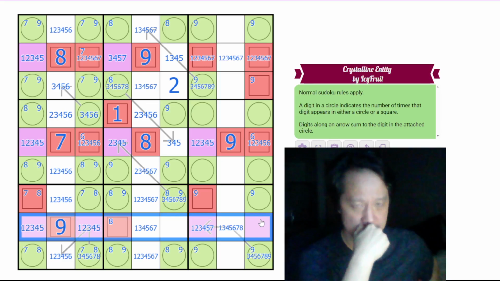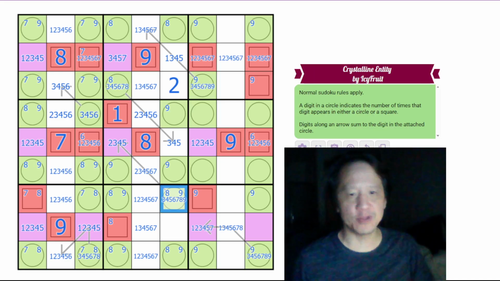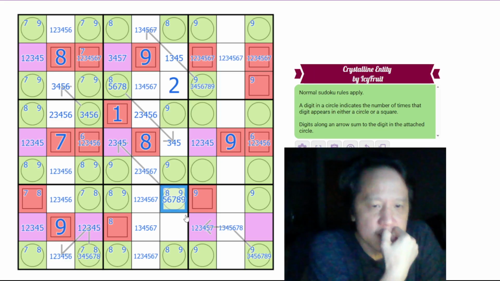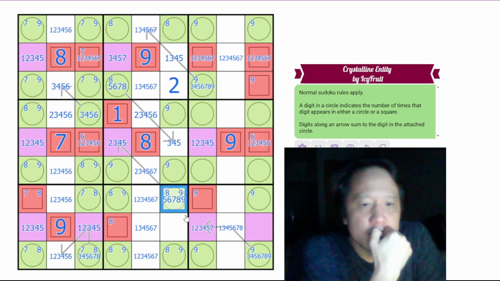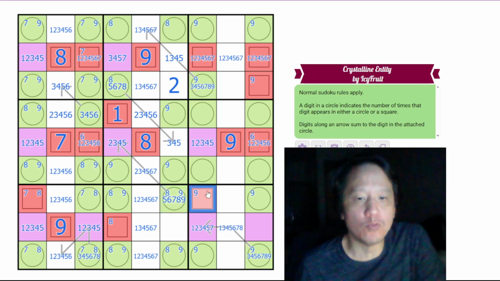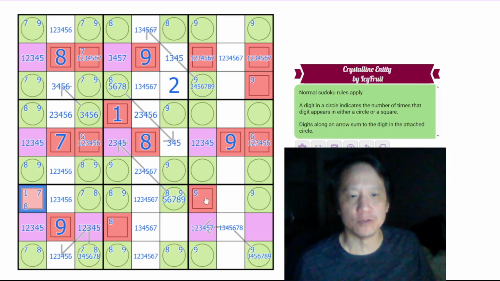Okay, this cannot be 3 here. It's at least a 5. This cannot be 3 here. It's at least a 5. We know 1 has to be one of these 2 here.